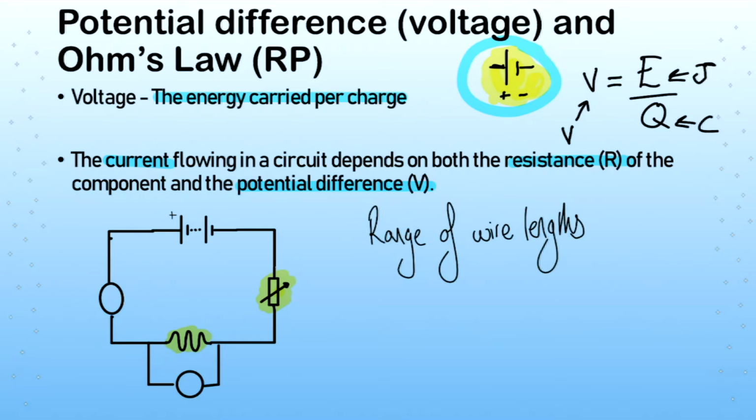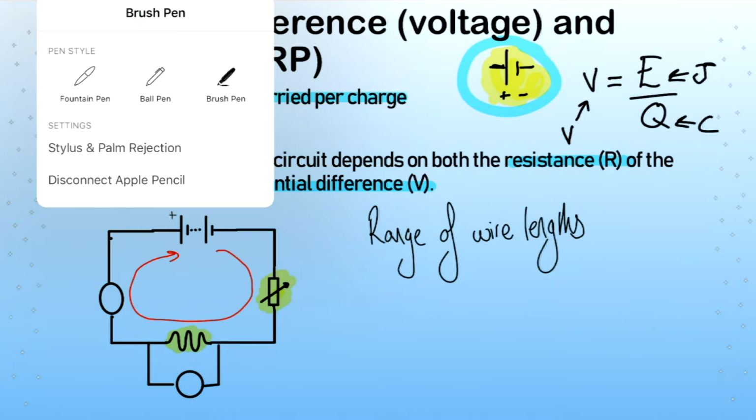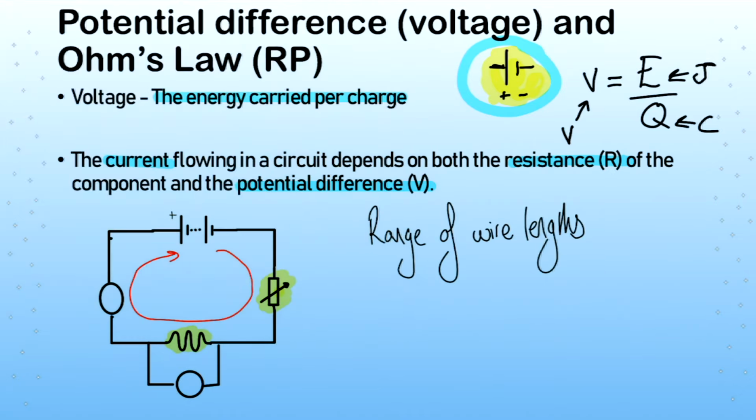So if we want to take a reading of the current, we have to take a reading from the loop the current is going to be mainly flowing through. So we have to take it actually in the series circuit itself. So we actually stick it in that loop, and we just plonk it right in the middle. We have the electricity flowing in one end and out the other. We take readings from that. So that's our current.